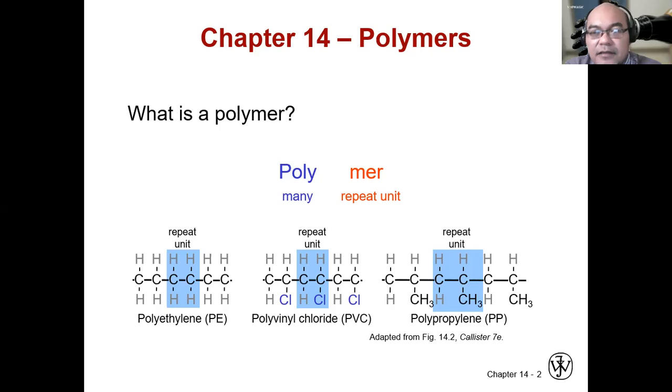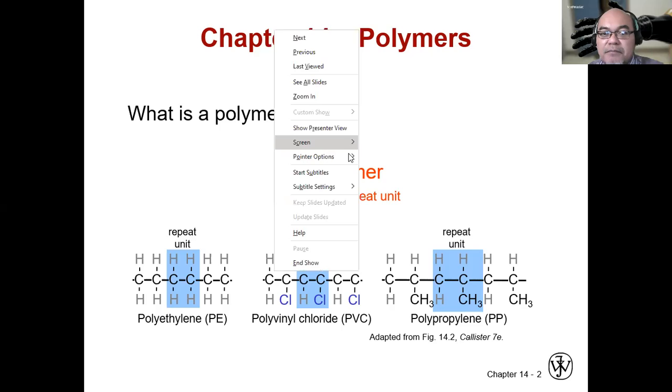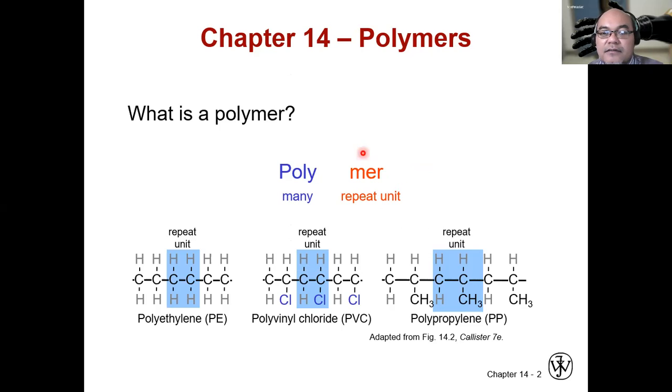And then there might be some additions to the branches, sometimes also at the main backbone, from oxygen, sulfur, nitrogen, and in several cases also metals, which we call metalloprotein in the case of protein. So polymer, as the name implies, consists of 2 different original words. The first is the word poly, which means many, and then the word mer, or repeating unit.